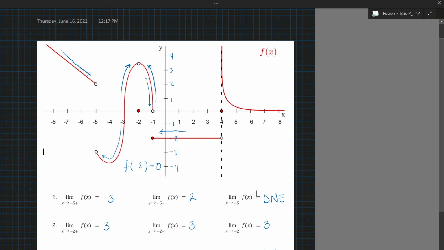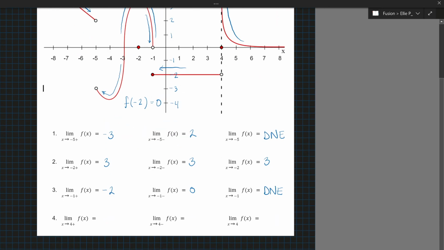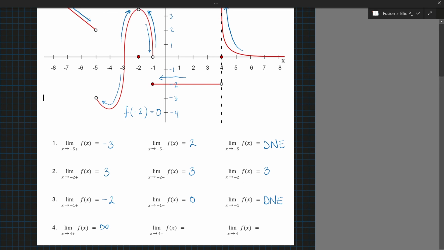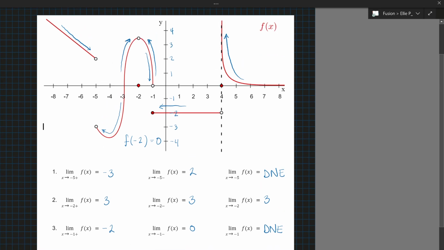How would you draw it? Infinity. Yeah. And then negative infinity. Where, how's it going to draw? It comes from this way as well. I forgot about that one. It's all good. So -2. Good. And does not exist.